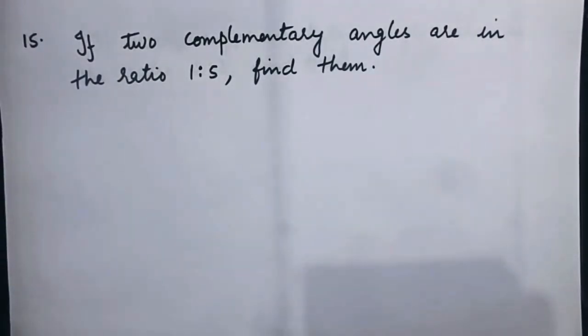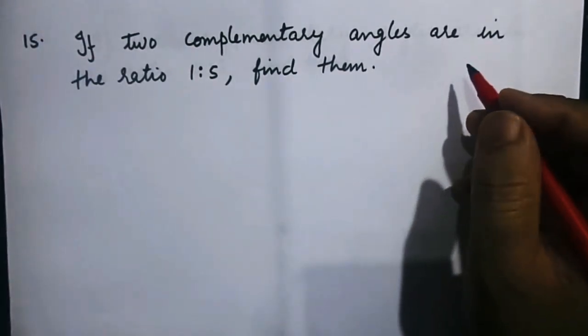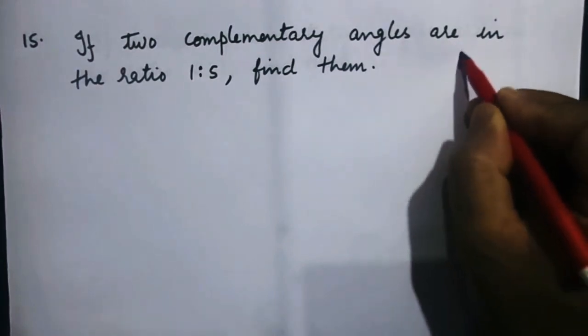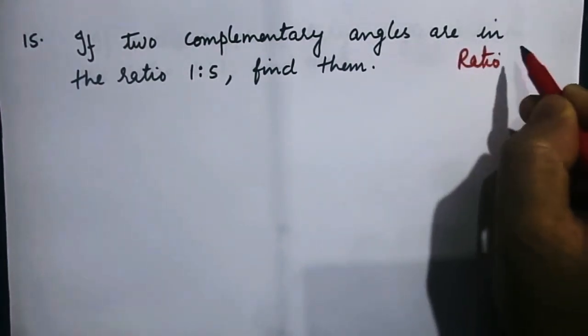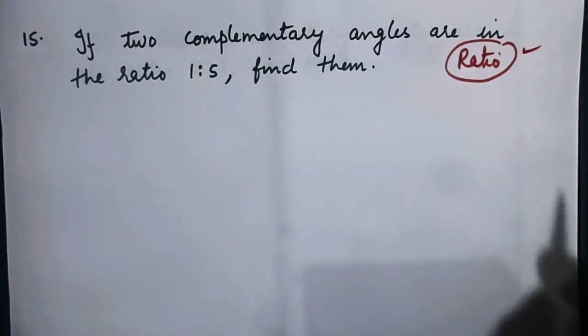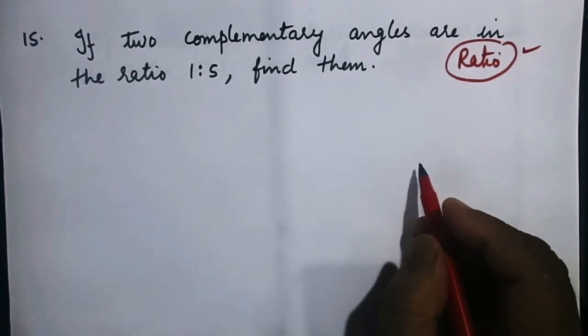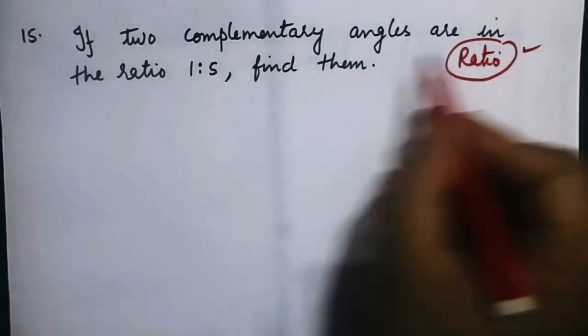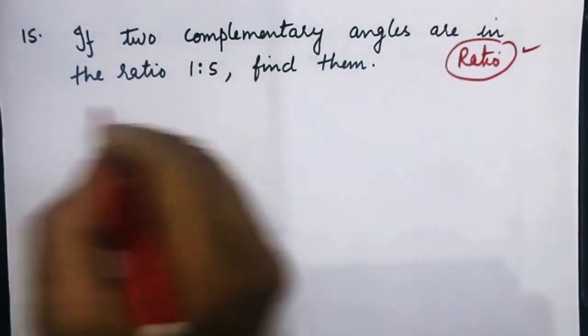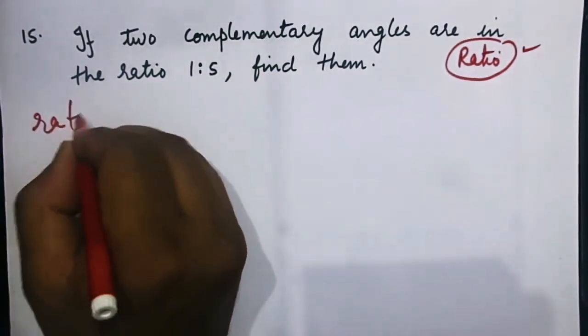If two complementary angles are in ratio 1:5, we have already solved different varieties of sums in ratio and proportion, isn't it? Please go back to the previous video. If two complementary angles are in ratio 1:5, they have given you a ratio.